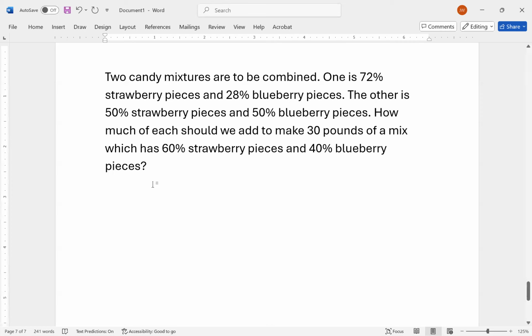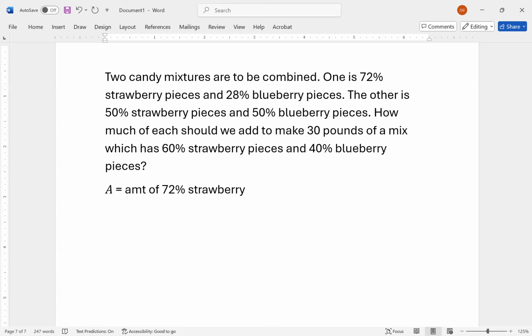Now, the key thing here in this problem is to look at this and take one of two paths. So basically, the mixtures are different mixtures of strawberry and blueberry. So we'll call mixture A the amount of the 72% strawberry.